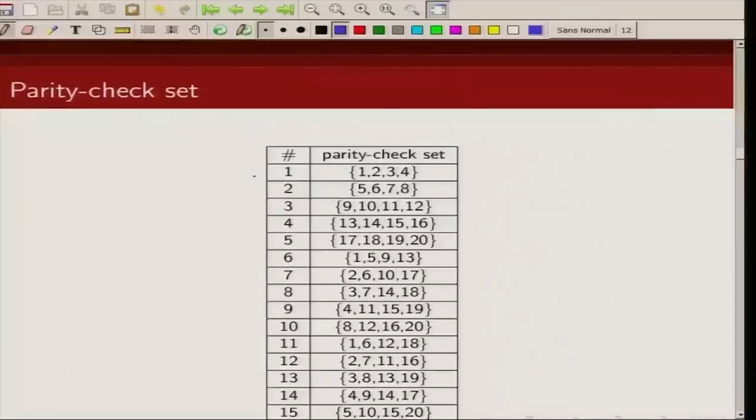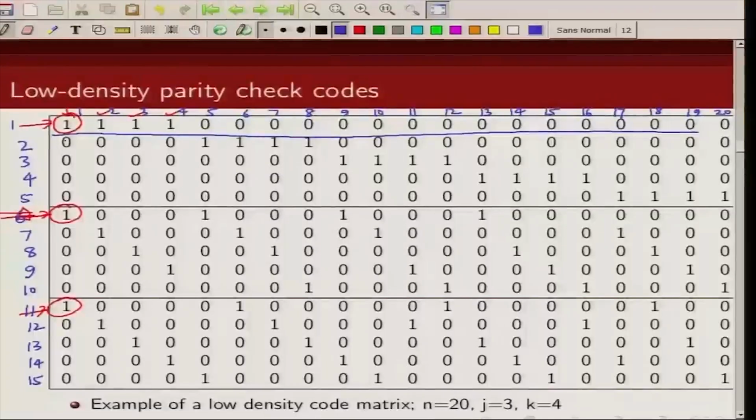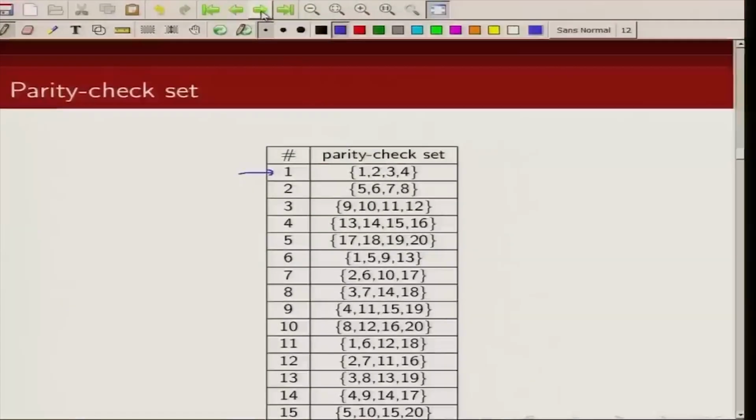Let us look at the first parity check set, which corresponds to the first row. Note here bits number 1, 2, 3 and 4 are participating in the parity check equation. That is why this first parity check set consists of 1, 2, 3 and 4.